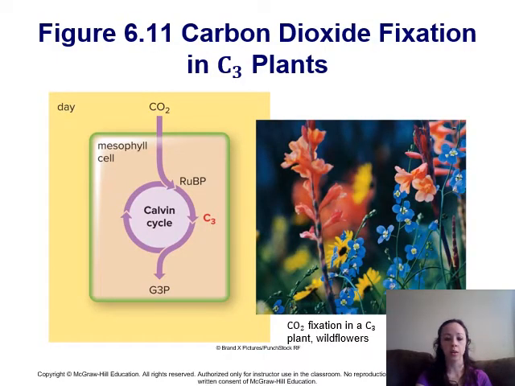So within C3 plants, photosynthesis takes place within the chloroplasts that are inside mesophyll cells. As long as the temperature remains moderate or pretty warm, the stomata of the leaves will be open. And remember, the stomata is where carbon dioxide can enter the plant and oxygen can leave.